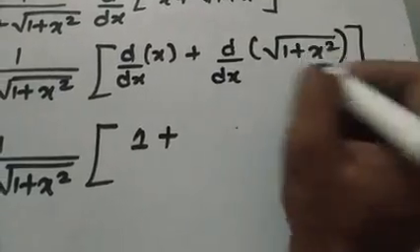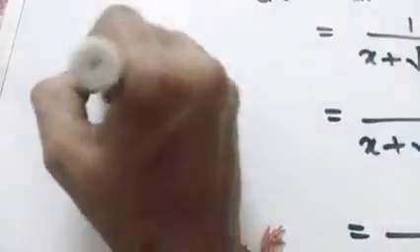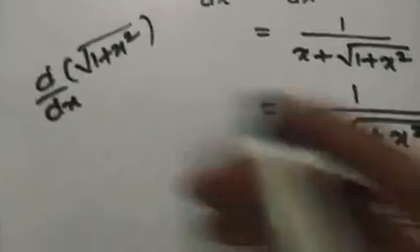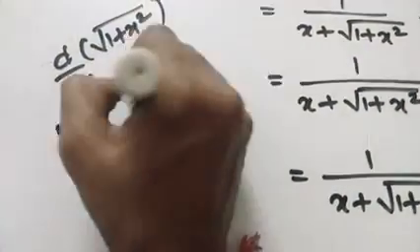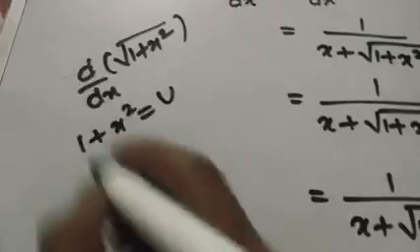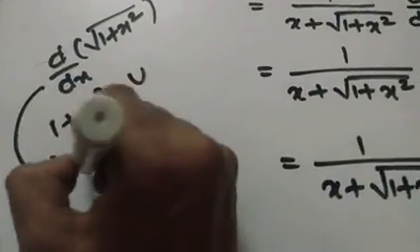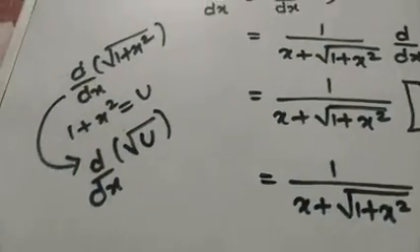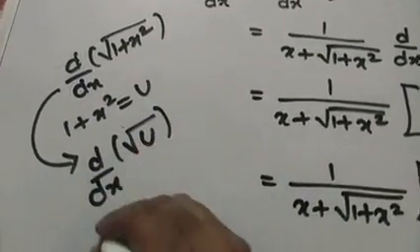I'm just doing the rough work; I will directly write the result here. What was the term? d dx of root over 1 plus x square. If I suppose 1 plus x square as u, then it converts to the form d dx of root over u. Clear? Now what is d dx of root over u?